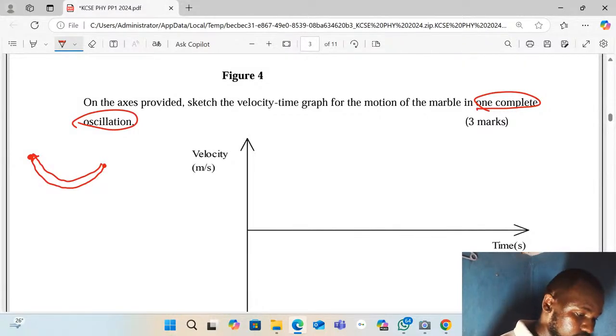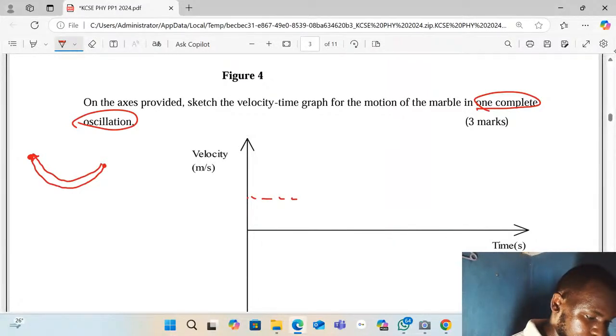We say we choose a specific amplitude, like that.